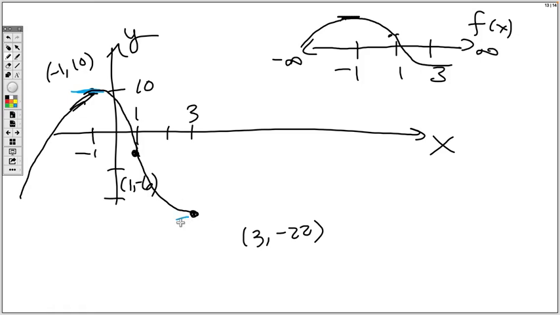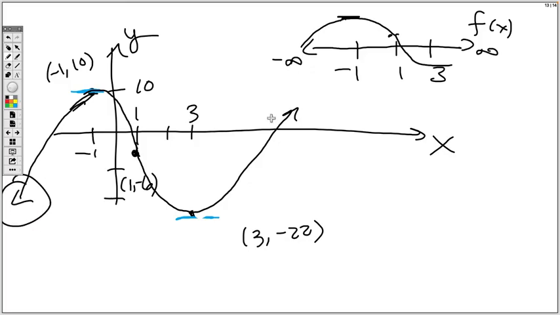At 3, the derivative is 0, so it flattens out. It's still concave up, but it switches from decreasing to what? Increasing. That little knob there is very sensitive. So there you go.